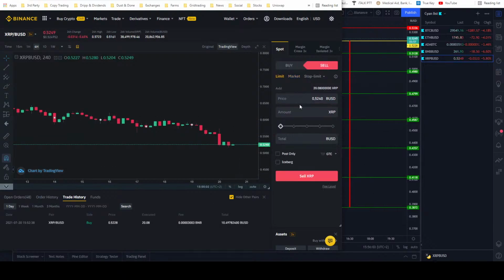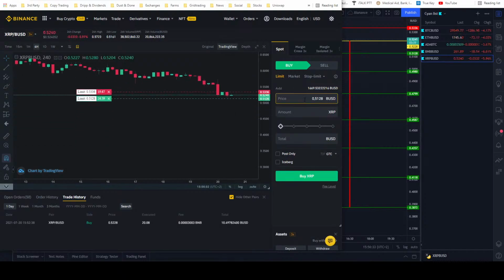Right, let's start adding our first limit order. The sell limit for the coins I've already bought, that was 1050 worth. Our sell limit order is in, and now we'll just add our buy limit orders.